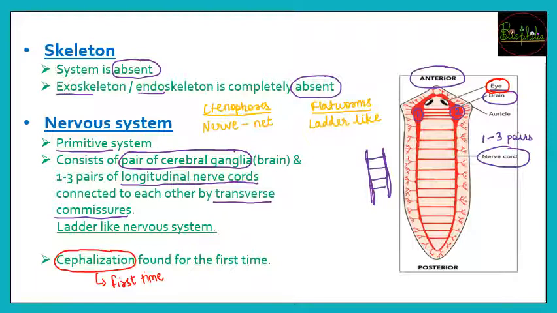So major part of the nervous system located at the anterior end is called cephalization. So in which phylum will cephalization be seen first? That would be seen in the Platyhelminthes. Regarding the nervous system in Platyhelminthes, what else do you need to remember? You need to remember about the ladder like nervous system.